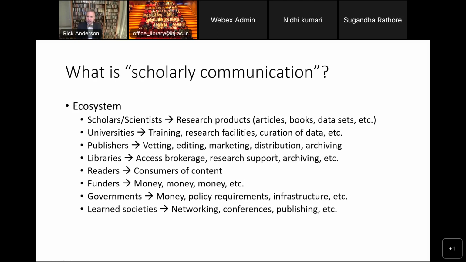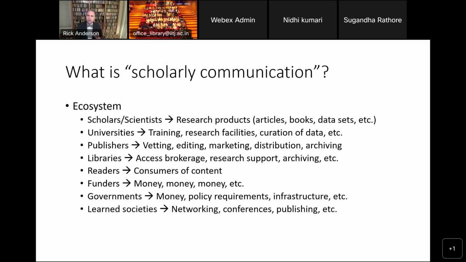So one definition that I've found of a business ecosystem is a network of organizations, including suppliers, distributors, customers, government agencies, and so on, that are involved in the delivery of a specific product or service through both competition and cooperation. And in the case of scholarly communication, the system is actually providing lots of different products and services.